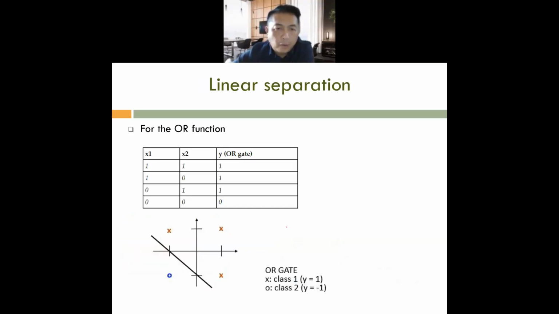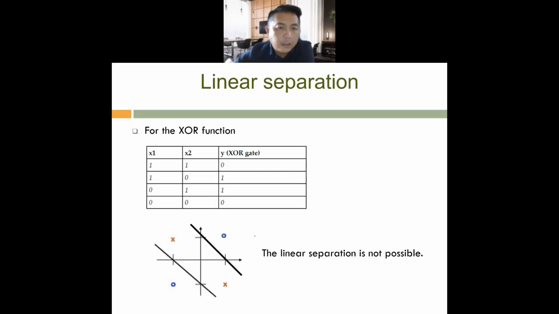If we try to illustrate the OR function, the y will be 1 if one or both of them is 1. So we can also draw a line here. But for the XOR function, this is a situation in which we cannot find linear separation.